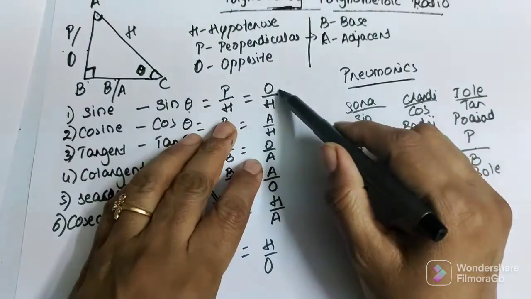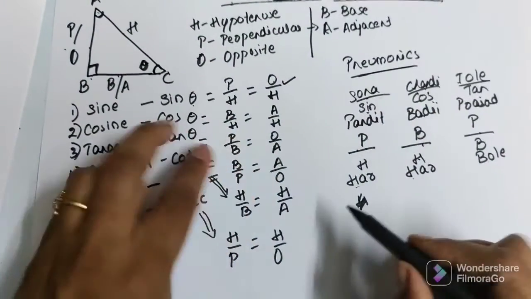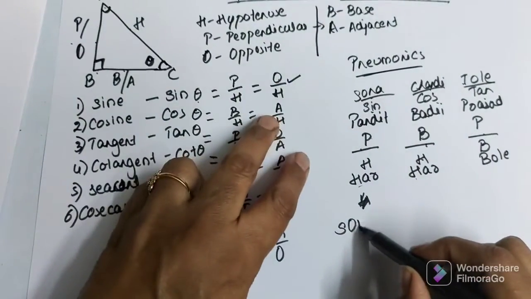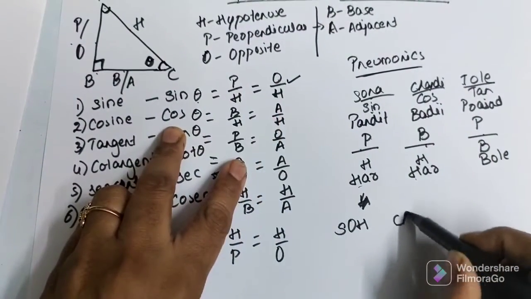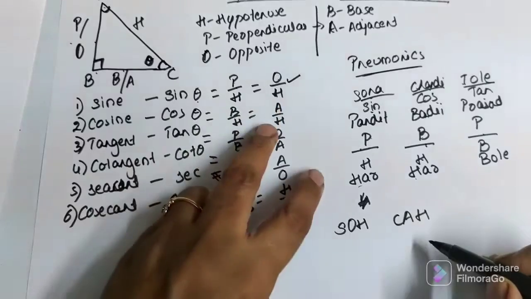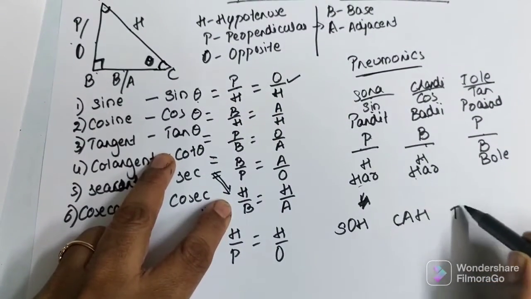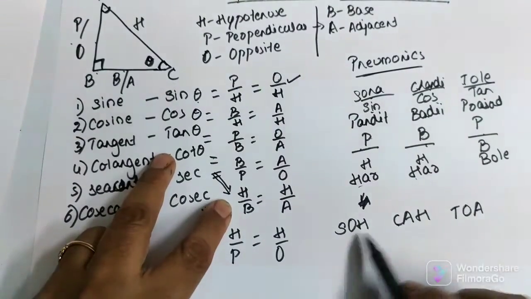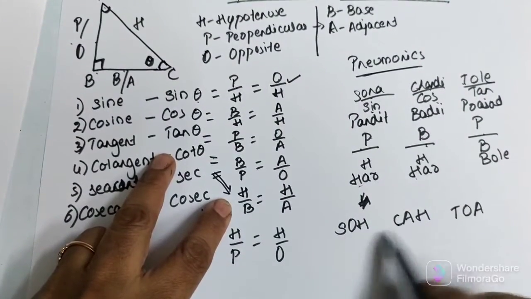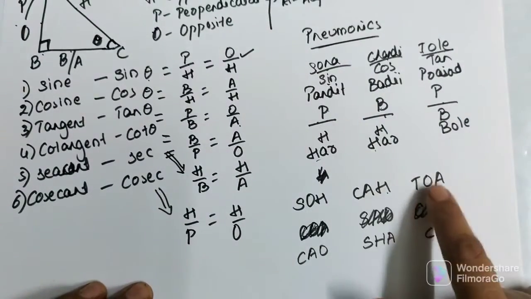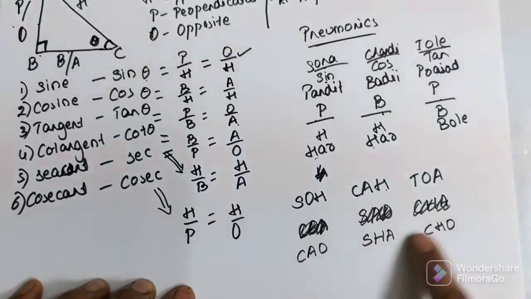It is nothing but S for sine, O for opposite, and H for hypotenuse. C for cosine, adjacent, and hypotenuse, and TOA, that is SOH CAH TOA.